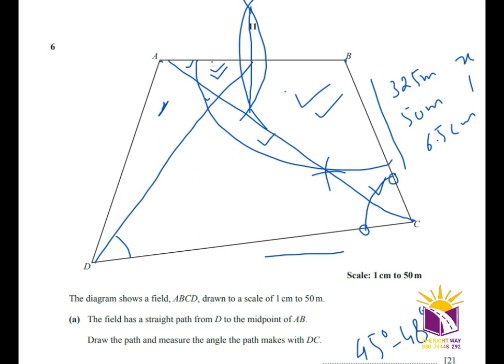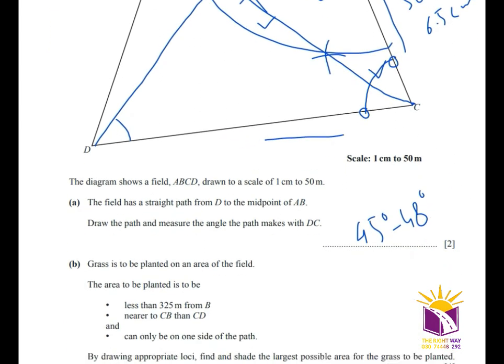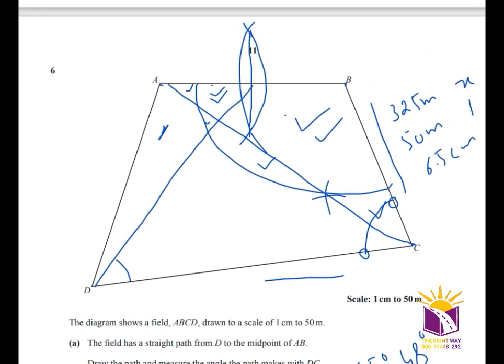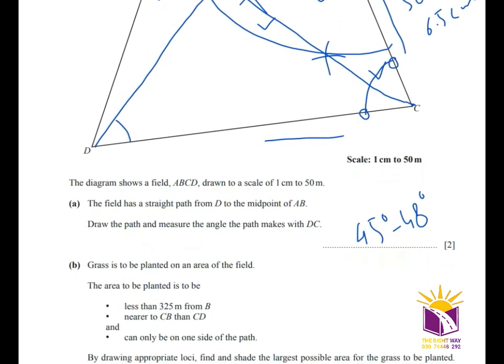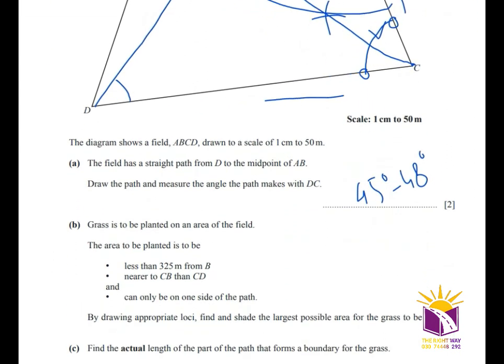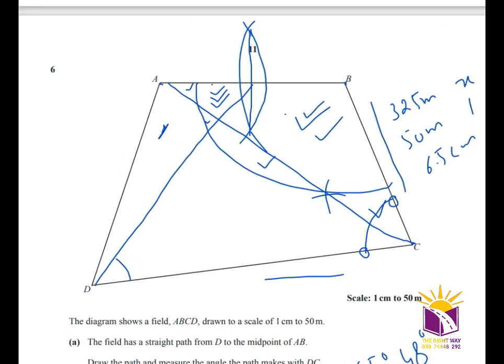It is on one side of the path, so it could be this one or this one. Do I have to use the larger area or the smallest area? Largest possible area. So the largest possible area is this one.